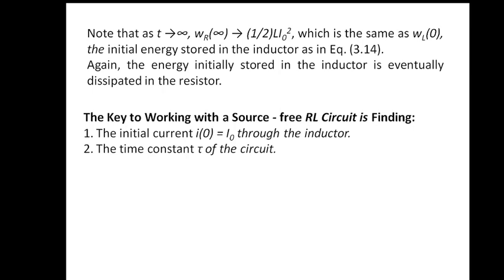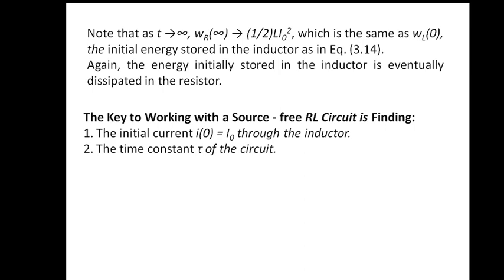The key to working with the source free RL circuit is mainly to find two values. One is the initial current I of 0 through the inductor, and the second one is the time constant of the circuit.